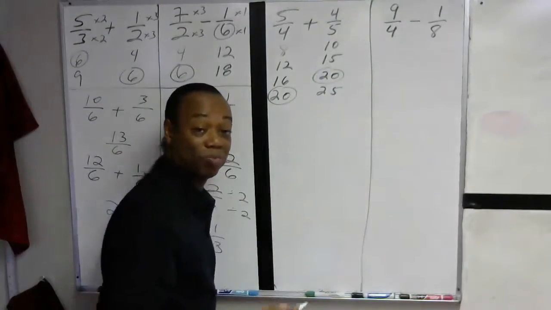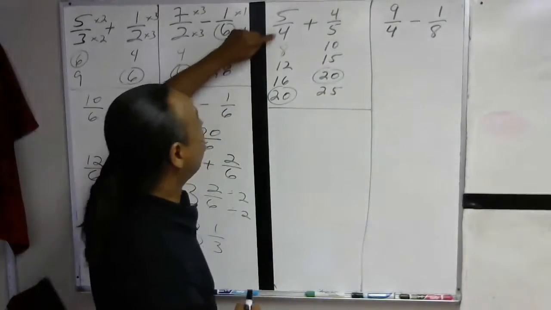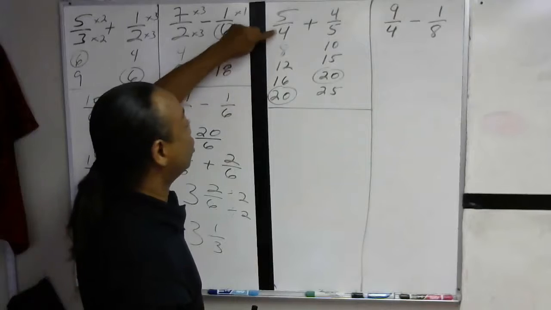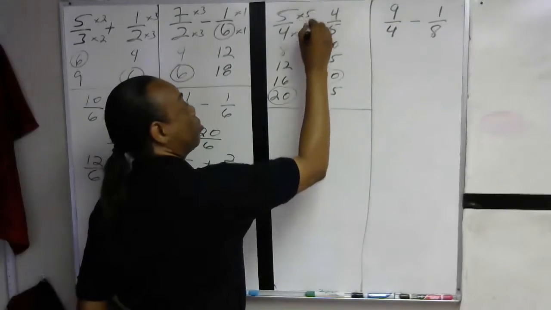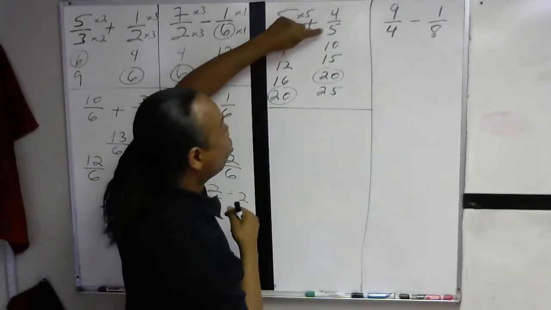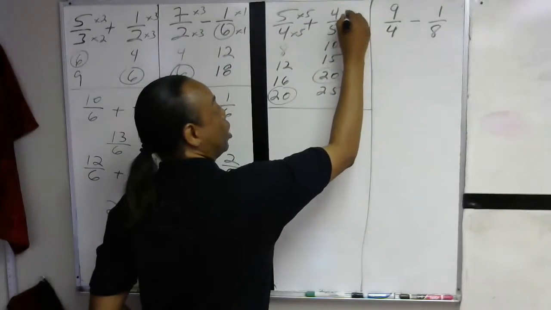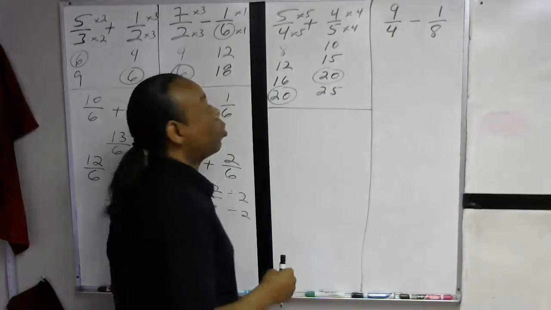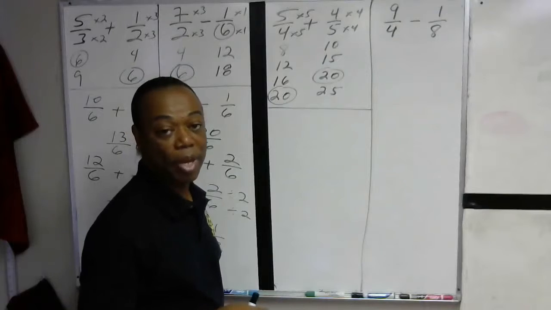It's the 20s. Okay. So this is going to be 1, 2, 3, 4, 5. So times 5. And times 5 here. And this is going to be 1, 2, 3, 4. So that's times 4. And times 4 there. So we'll have 5 times 5, 4 times 5, 4 times 4, and 5 times 4.